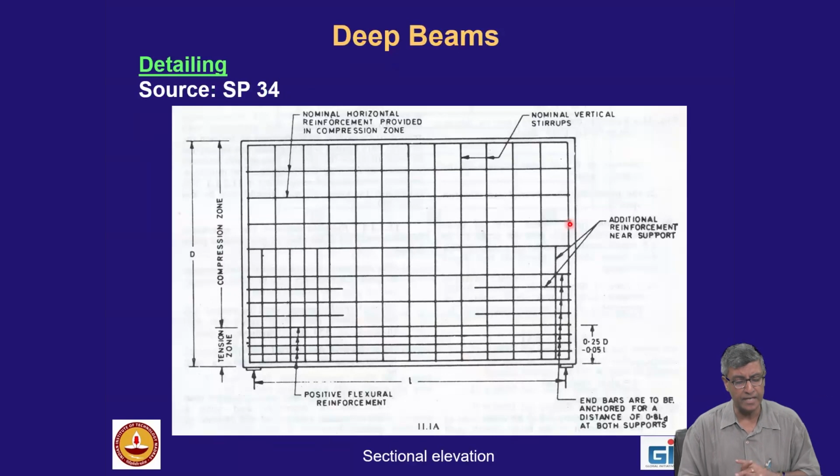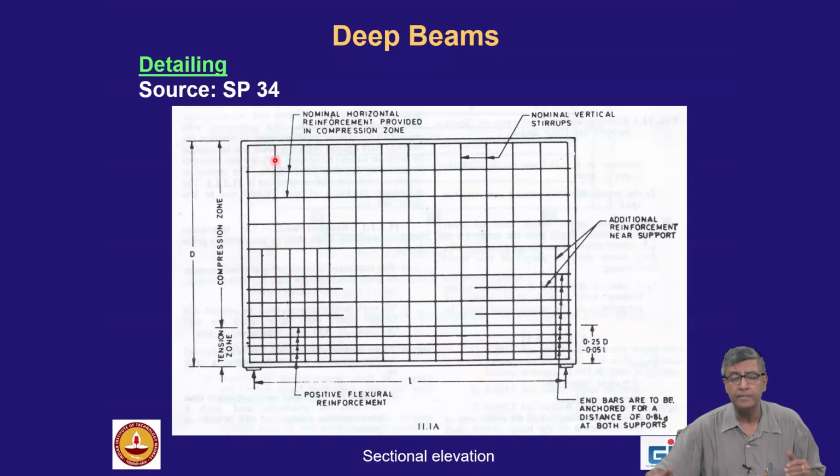Now, this is the detailing from SP34. What are the essential things? For a simply supported member, most of my steel, which is based on the calculation from the strut and tie, has to be within a certain depth. However, I need some additional steel like U bars to confine the support regions so that we have good strut and tie action.